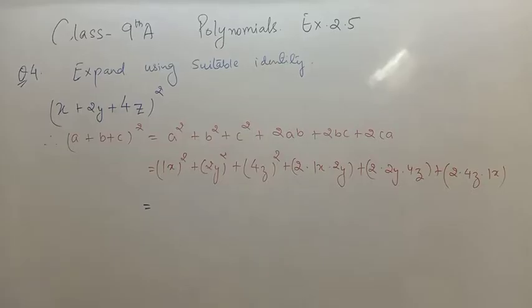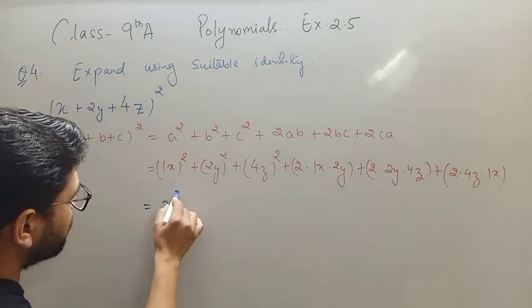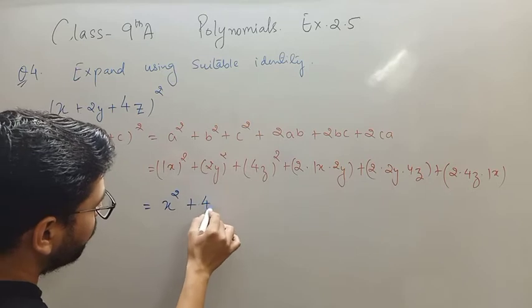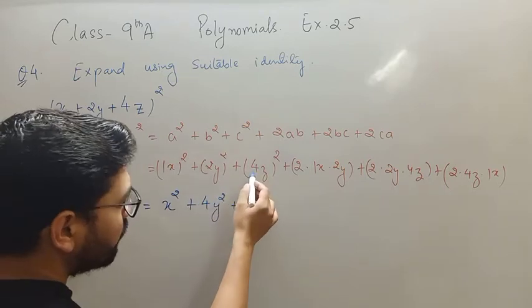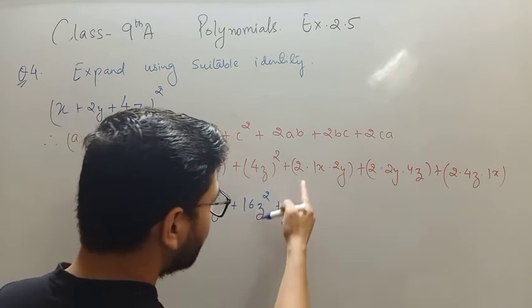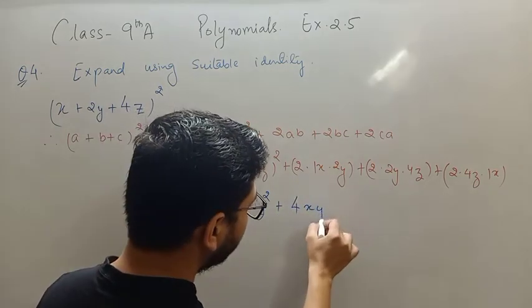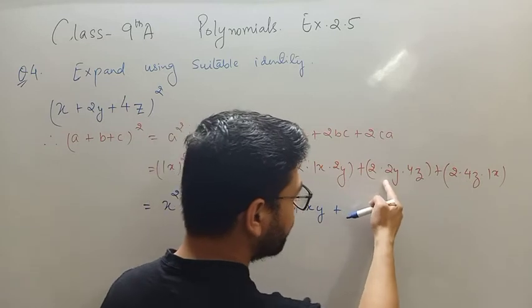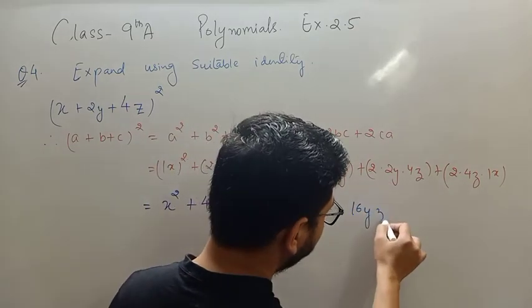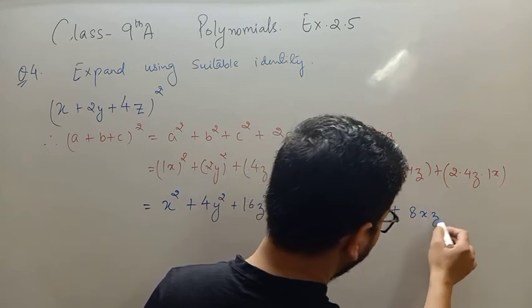1x square will give you x square, so you can write x square plus 2 2s are 4 y square plus 4z square, that means 4 square is 16 z square, plus 2 1s are 2, 2 2s are 4, so 4xy, plus 2 2s are 4 and 4 4s are 16 yz, plus 2 4s are 8 and 8 into 1, 8xz, or you can say zx.